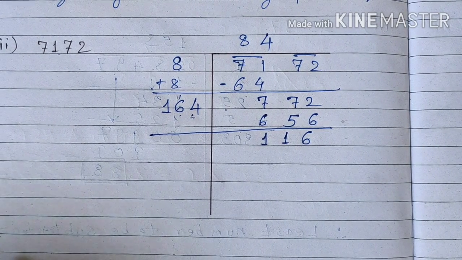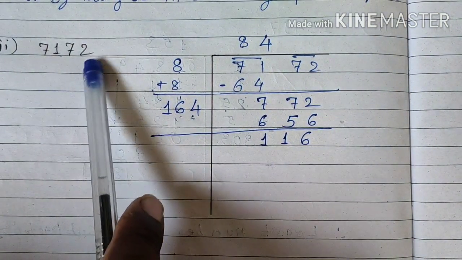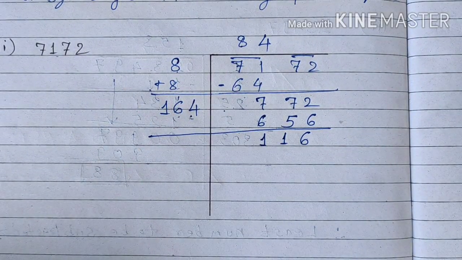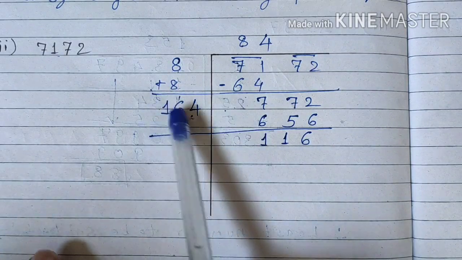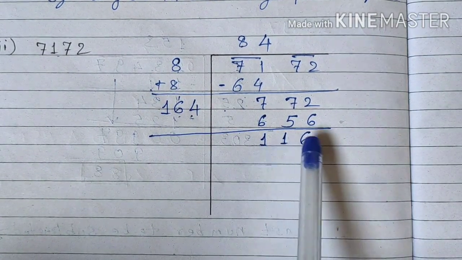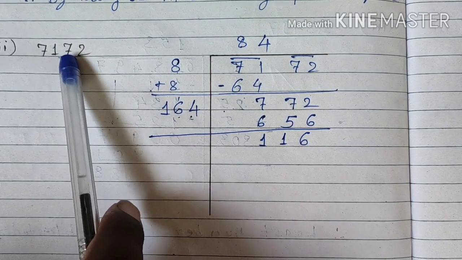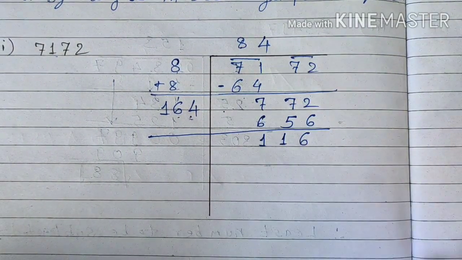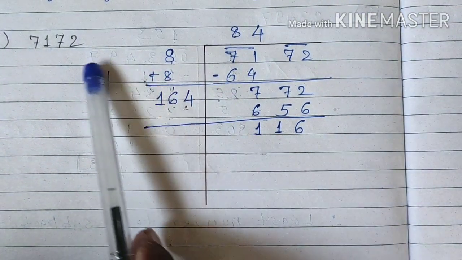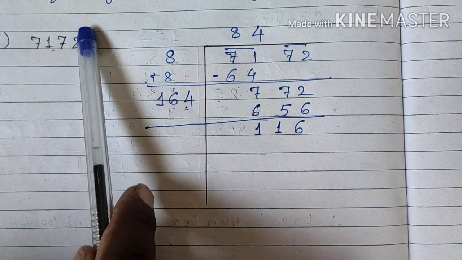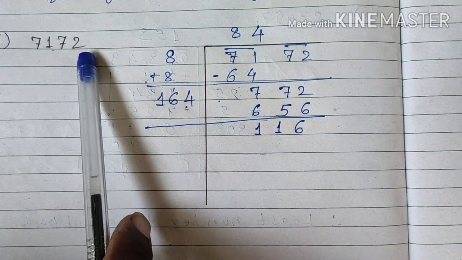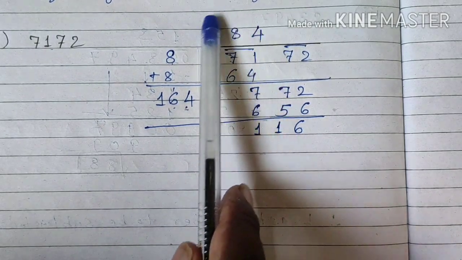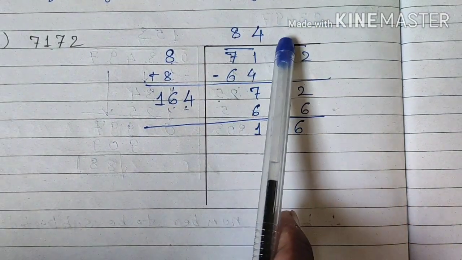Now we have to add something to it so that it will become a perfect square. As we know, if we subtract 116 from this number, the resulting number will be a perfect square of 84. Correct? But we have to add something to it. So when we add something and want to make it a perfect square, it will become a perfect square of 85. 84, the next number is 85.